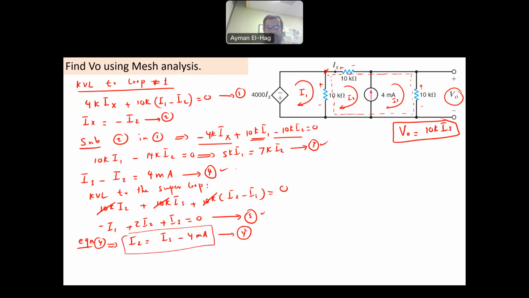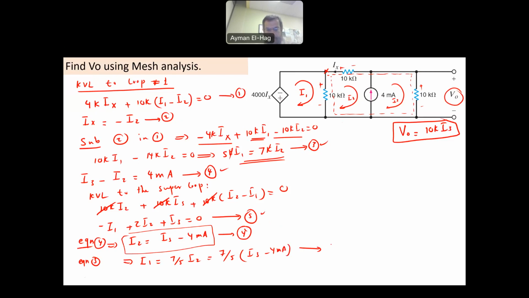Now we come to equation number 3, and the K will cancel with the K. So I1 is equal to 7 over 5 I2, which is equal to 7 over 5 times I3 minus 4 milliamp.